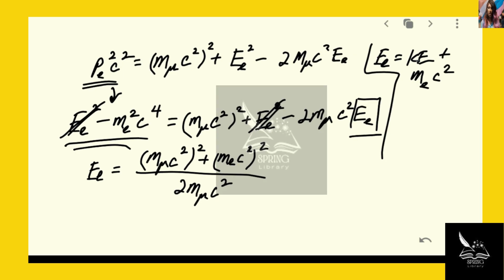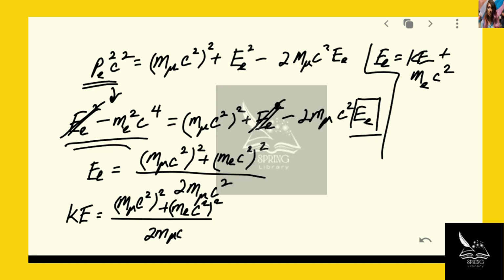So in order to get the kinetic energy, we take the total energy expression and subtract away the rest energy of our electron.